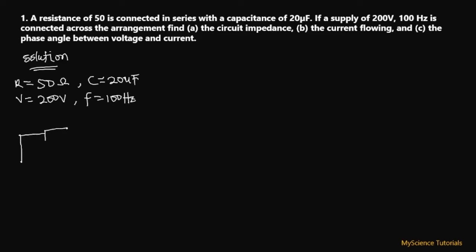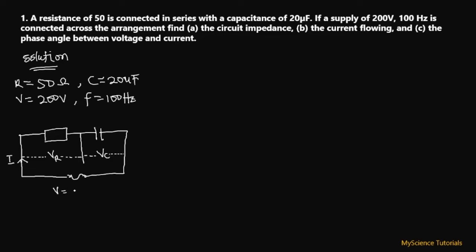So we have a resistor here which is connected to a capacitor in series, and then they are both connected to an AC source over here. So this is the flow of current, and then the potential difference across the resistor is what we are calling the resistive voltage, and the potential difference across the capacitor is what we are calling the capacitive voltage.